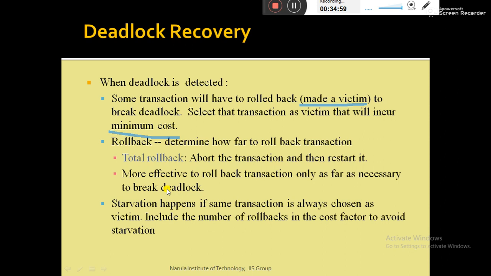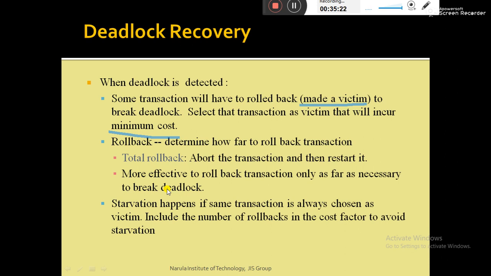Another is partial rollback, which means we are not going to roll back fully, so we do not restart from the beginning. Rather, we roll back up to the point from where, if we roll back, the data item will be released and other transactions can proceed with normal execution. That is called partial rollback.